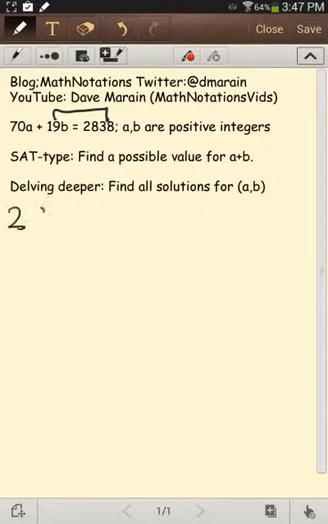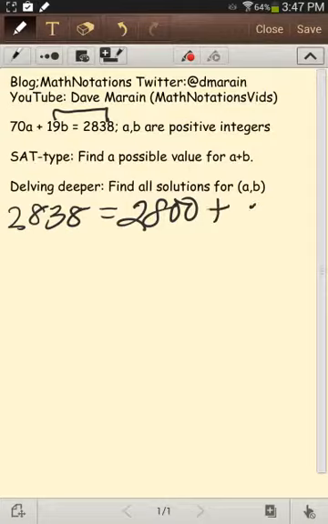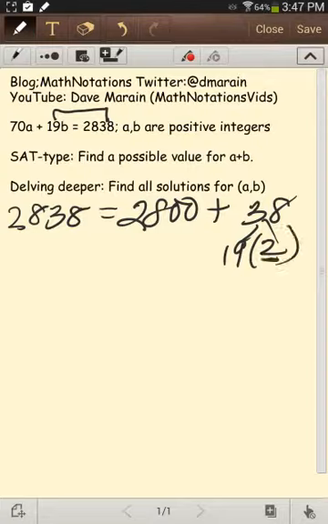So perhaps they would think about 2838. They may not write it, but they might think of it as 2800 plus 38, 38 being 19 times 2, so that's a possible value for B, and 2800 being a multiple of 70.